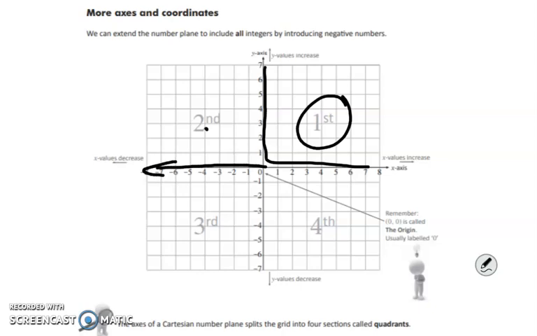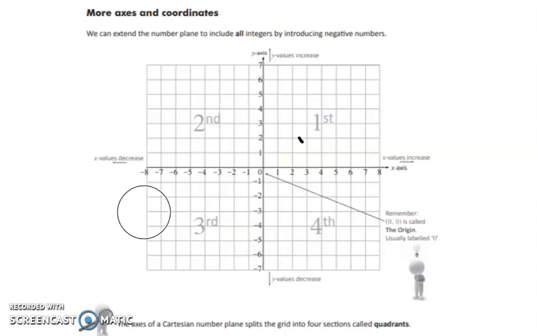In quadrant 3, which is here, our x-axis and our y-axis are both in negative numbers. And then in quadrant 4, our x-axis is in positive and our y-axis is in negative. Meaning that when you're trying to find a point, it's going to get a little bit more complicated. But we're just applying the exact same rules that we had last week.